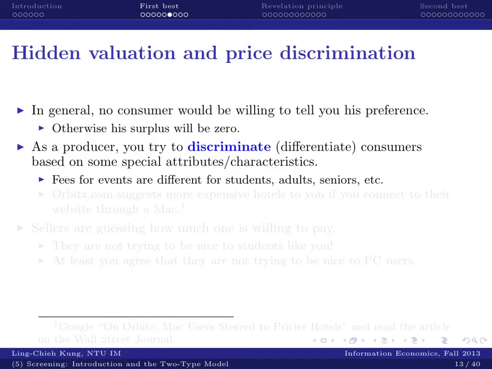They are not trying to be nice to students. Okay? They do this because they know typically students are willing to pay not so much, and to extract surplus from students, they need to lower the price for students. Adults are willing to pay more, and that's why adults are charged a higher price, and the same thing happens to seniors.